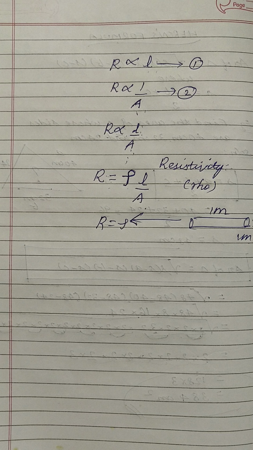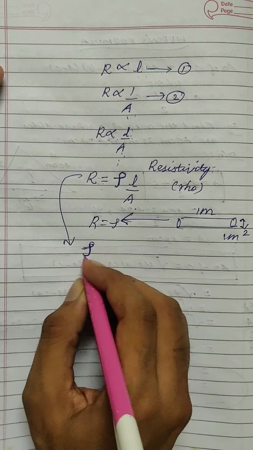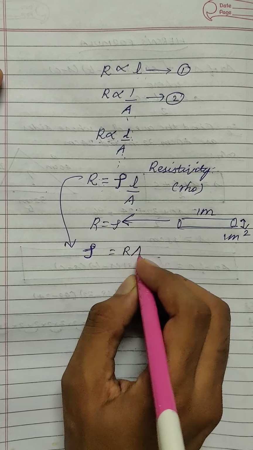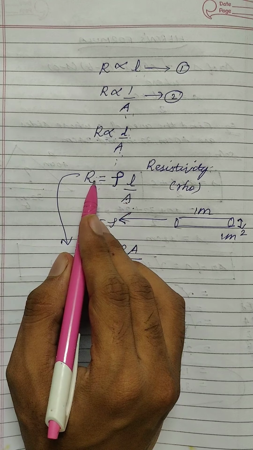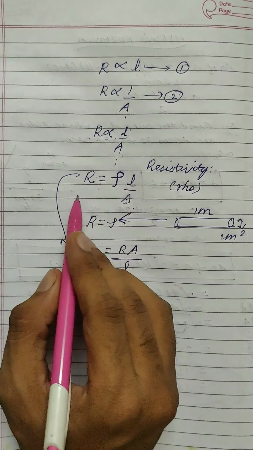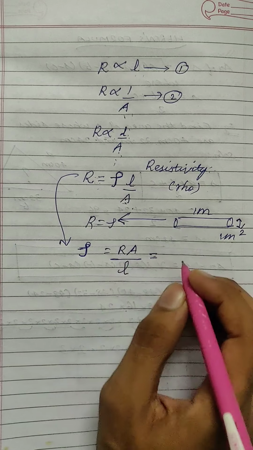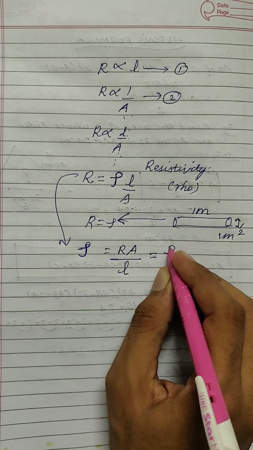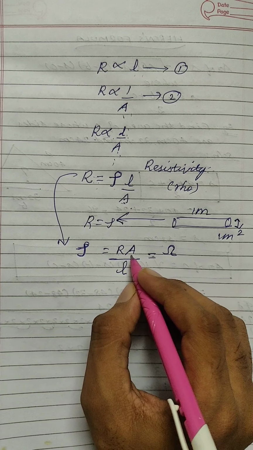Next, you should know what is the unit of resistivity. From this equation, rho can be equated to RA by L, isn't it? A goes to the left side as multiplication and L comes to the left side as division, so you'll be getting RA by L. What is the unit of resistance? The unit of resistance is ohm.